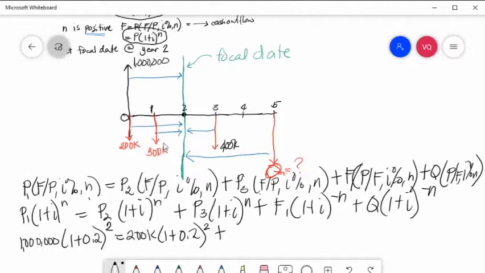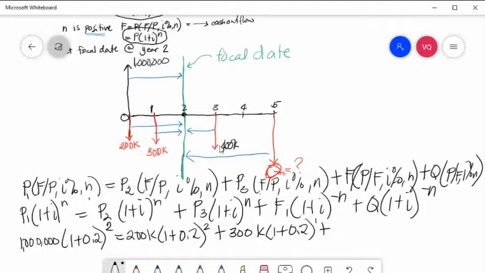Plus P3, 300K, 1 plus I, which is 0.2, raised to how many years from year 1 to year 2? So we have 1 year. Positive 1, raised to 1.